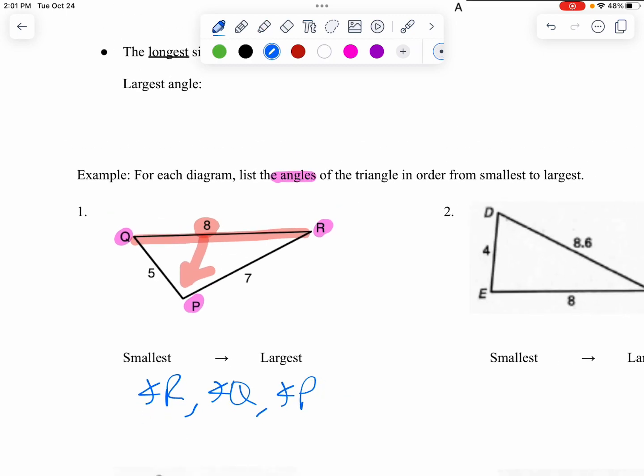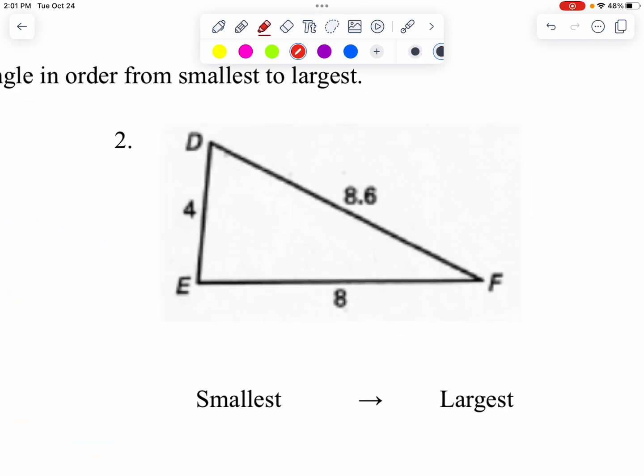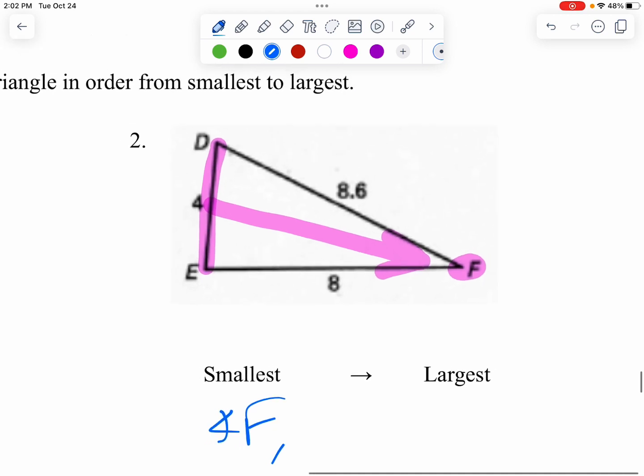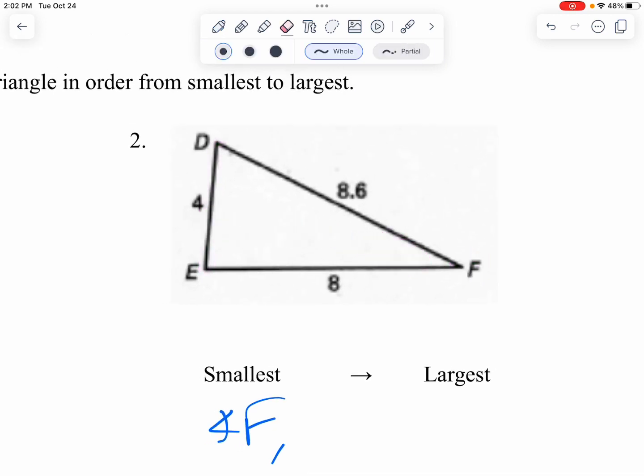Let's try one more. I'm going to do the smallest one first. Here is my smallest side, which means that is the smallest angle, angle F. Okay, let's talk about the middle one now. The 4 is done, the F is gone.